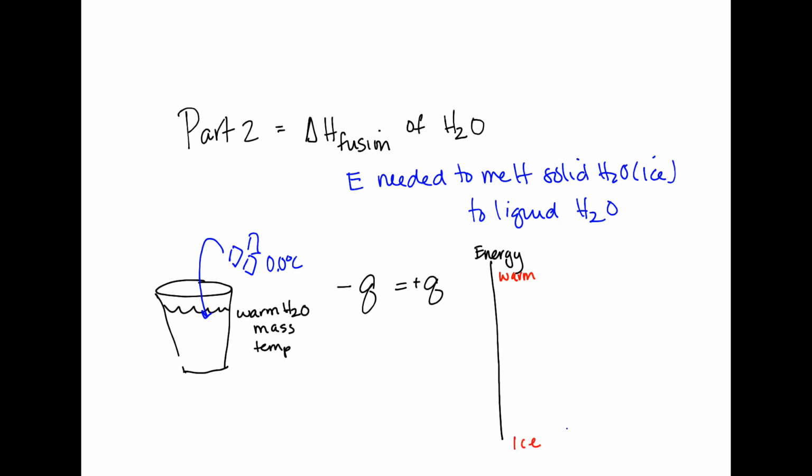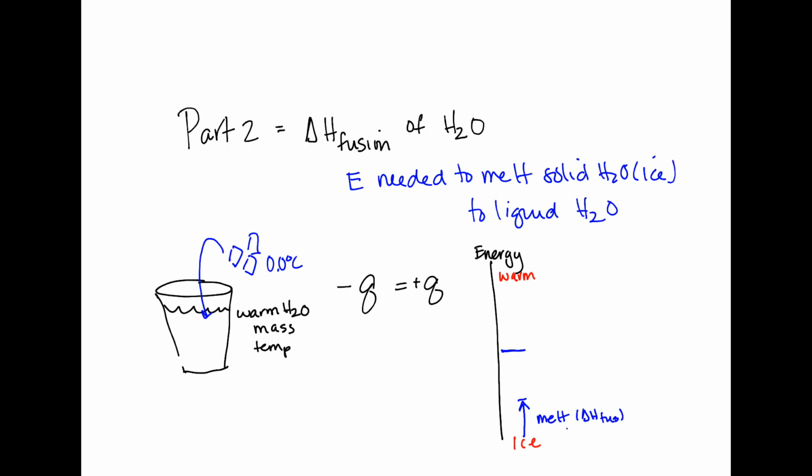Because we're going to put them in thermal equilibrium together, they are going to meet somewhere in the middle. The warm water is going to give energy to the ice because the warm water has more. The ice is going to first melt, and that's the delta H of fusion.